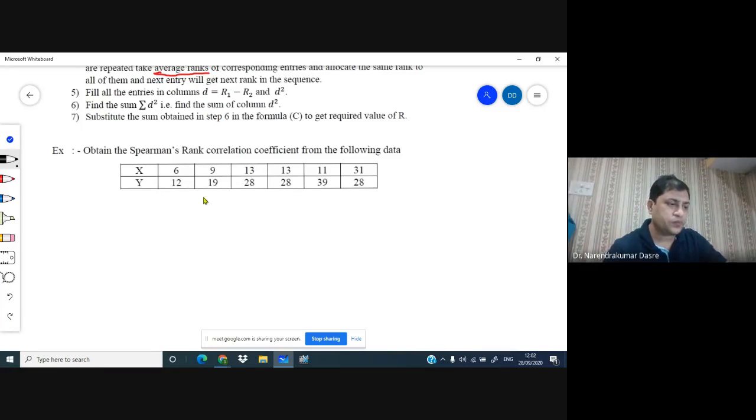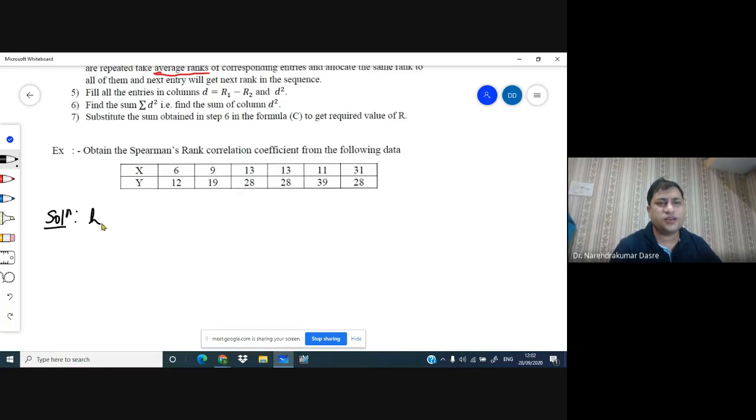Here we have to form the table. We have observed that there are the same observations, so it is the case of repeated rank.